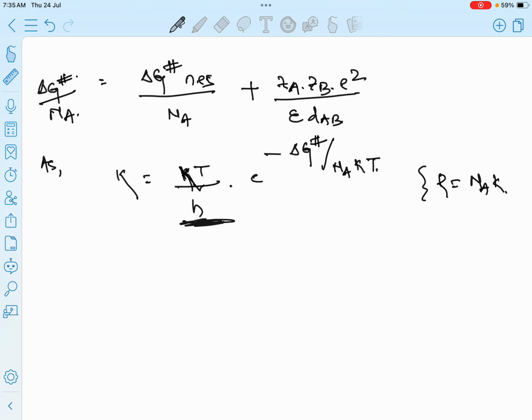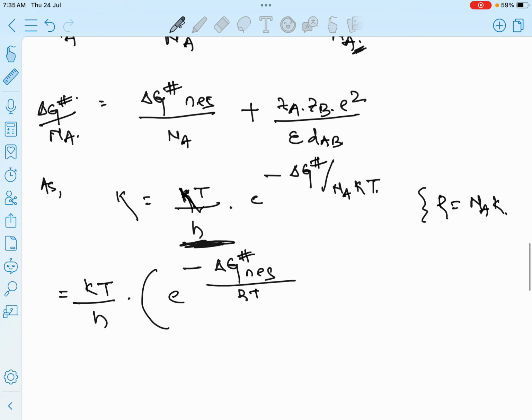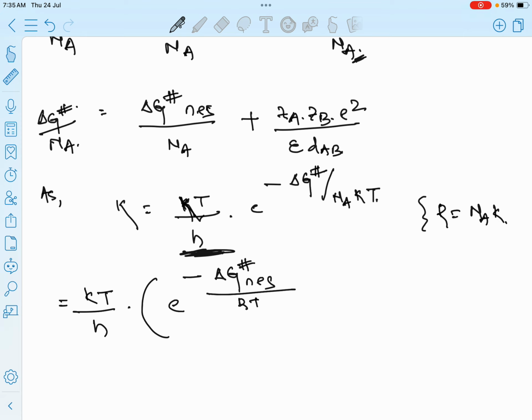So now we'll use the expression kT by h into e to the power minus delta G activation by R into T, minus ZA ZB E square Na by Na into KT into epsilon dAB.